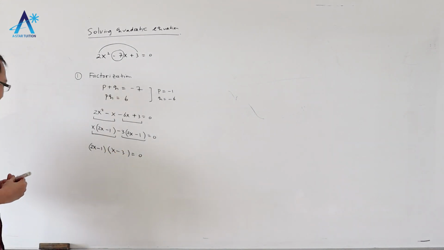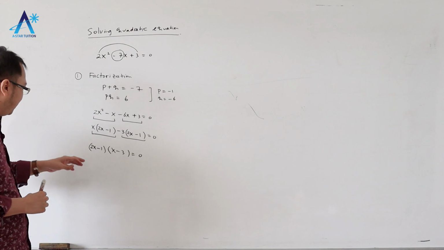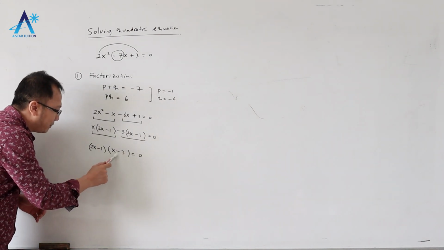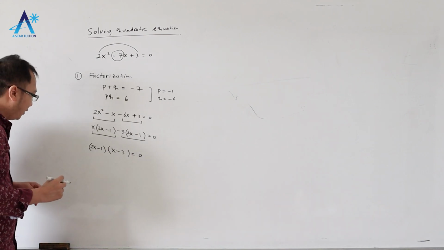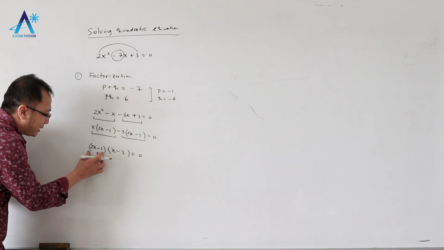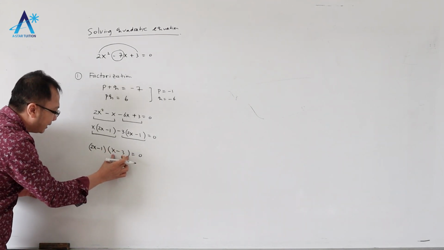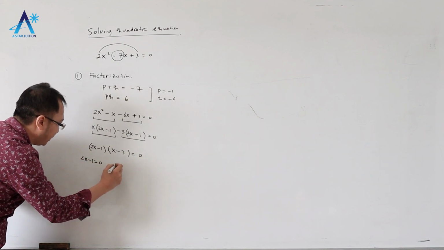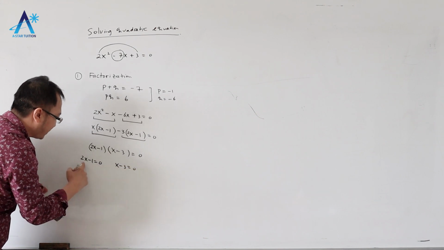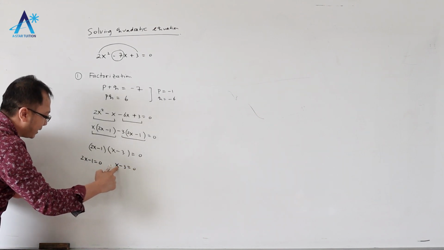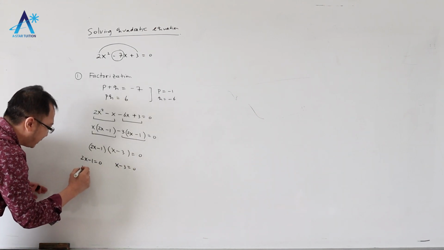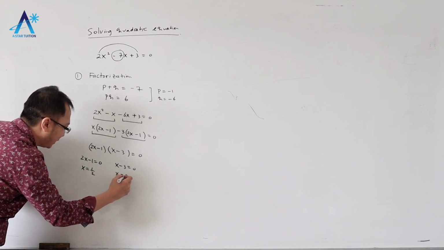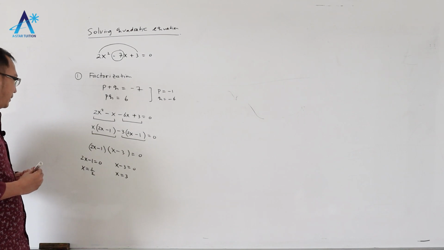So now we have come up with a beautiful equation here, and the product of two terms is equal to 0 only if either the first term is equal to 0 or the second term is equal to 0. So we are going to solve them separately here. 2x minus 1 equals 0 as well as x minus 3 equals 0, and this x is giving us 1/2 while this x is giving us 3 here.